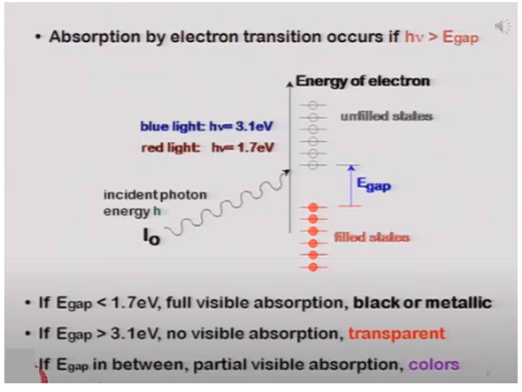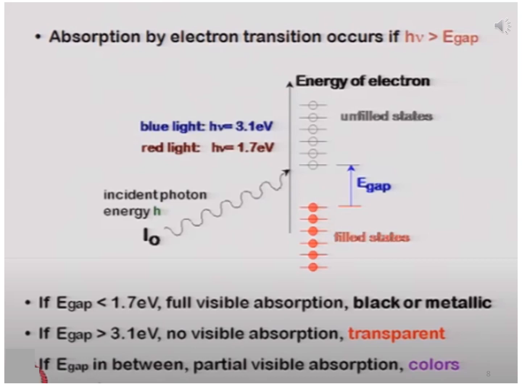So you can see the transparent material. When the band gap is less than 1.7 electron volt, all the radiation of the visible region will be absorbed and the material will appear black.